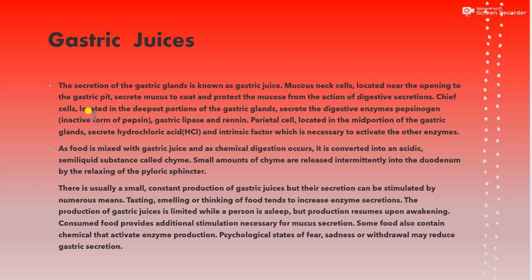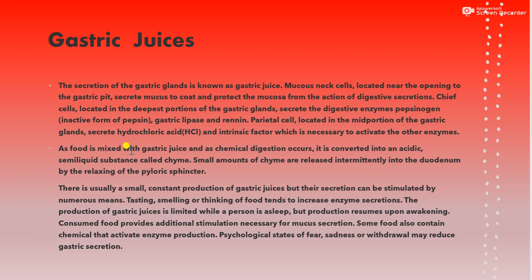Chief cells located in the deepest portion of the gastric gland secrete the digestive enzyme pepsinogen, that is the inactive form of pepsin, gastric lipase and renin. Parietal cells located in the mid portion of the gastric glands secrete hydrochloric acid, HCl, and intrinsic factor, which is necessary to activate the other enzymes.